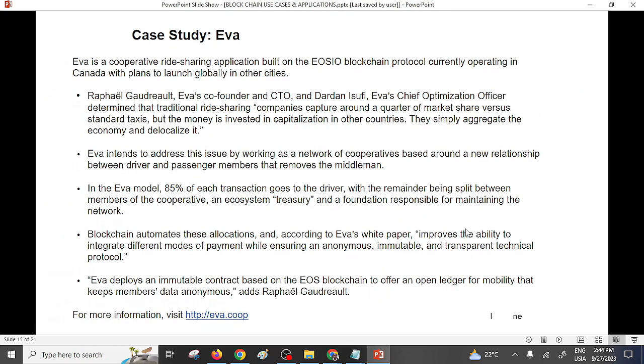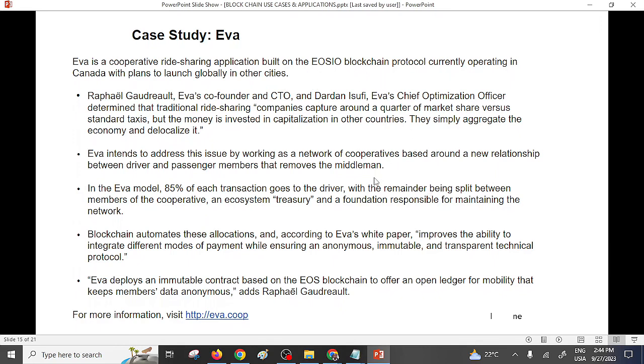We have Eva, which is also another case study. They employ a particular blockchain protocol, EOSIO. I was just researching this and found out that they have changed their name to Antelope, right?